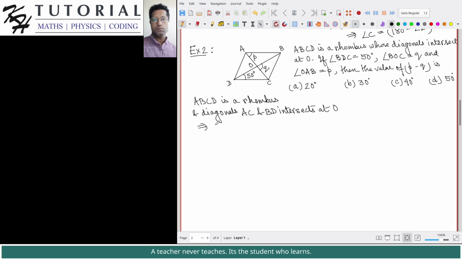So we can say angle COB, which is equal to Q, will be equal to 90 degrees. So Q is equal to 90 degrees.